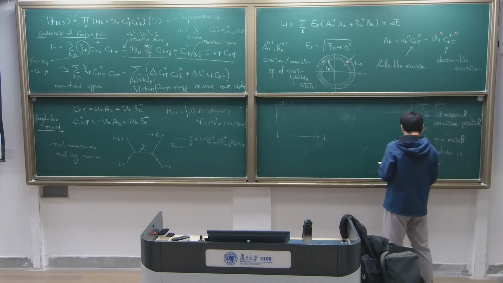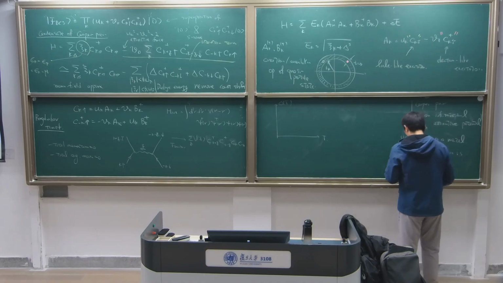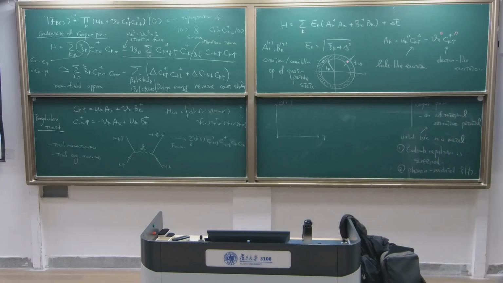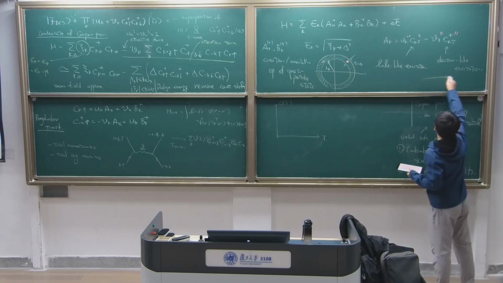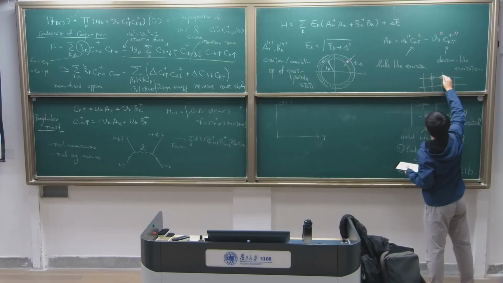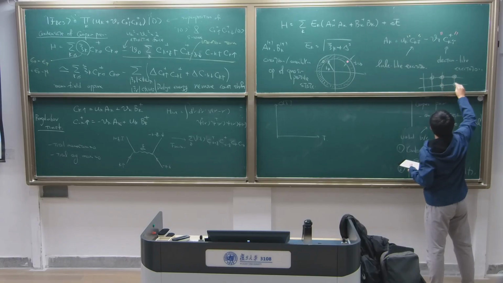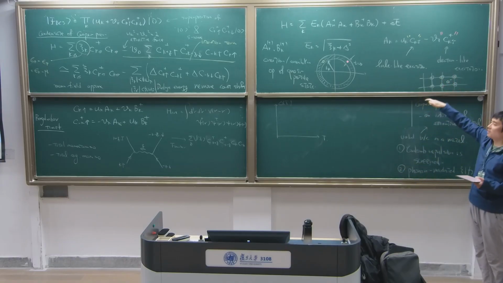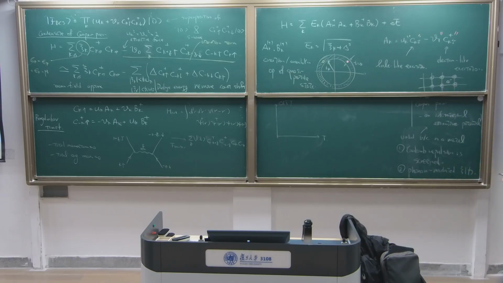Number two, you have a phonon-mediated attraction. Because you have a lattice of nuclei, and if you have an electron here and the lattice is solid, the net charge becomes positive, and another electron will be attracted.